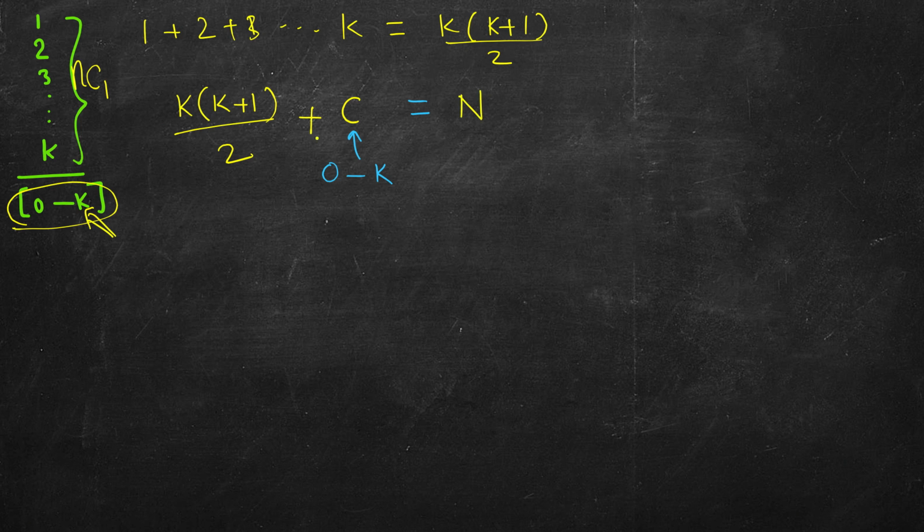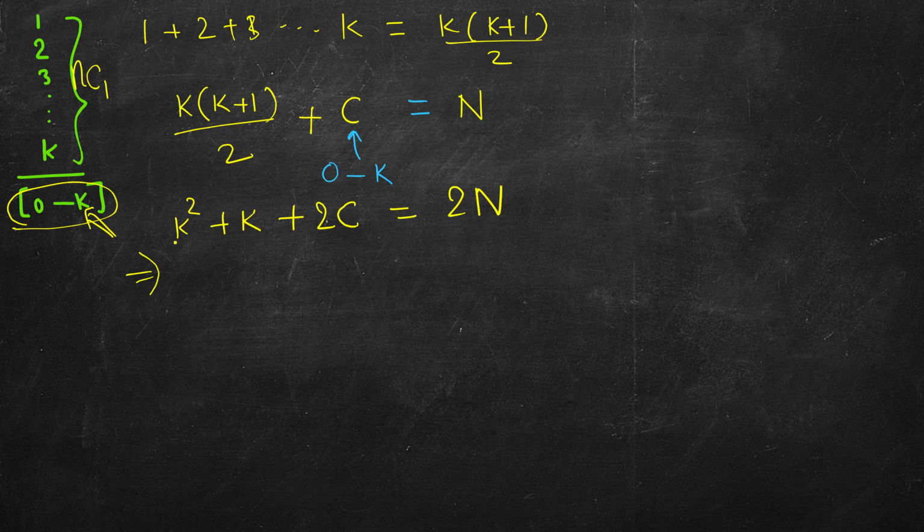So this c you don't know and k you don't know. So let's solve this. So k square plus k, and take the common LCM, that is 2. So it becomes 2c, and send 2 to this side. That is multiply both sides by 2. So it becomes 2n. Everything is clear here. We have just simplified this expression, multiply by 2 and send this to this side.